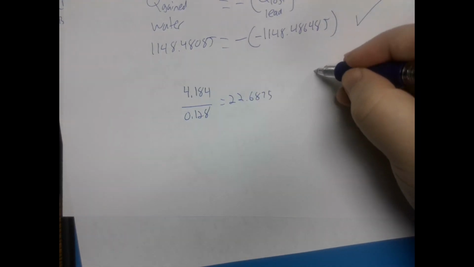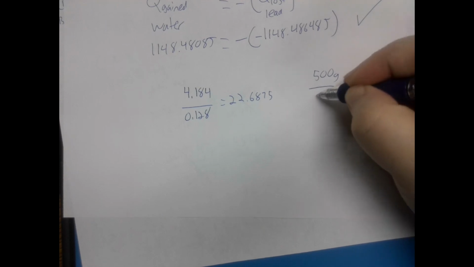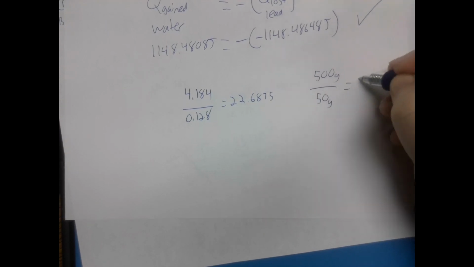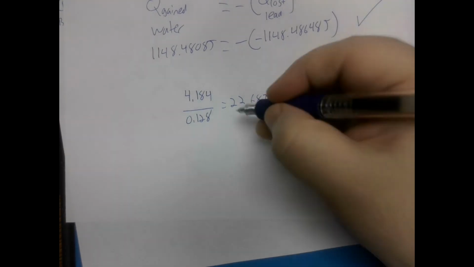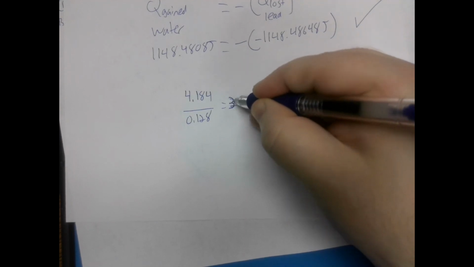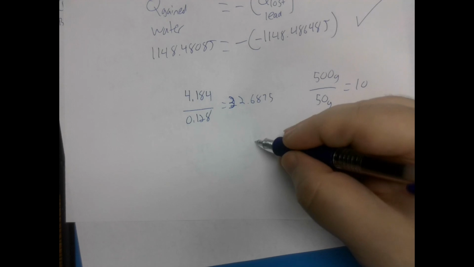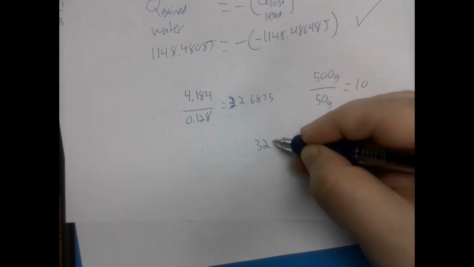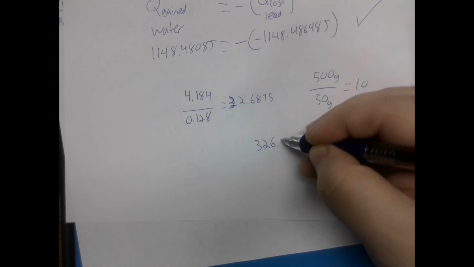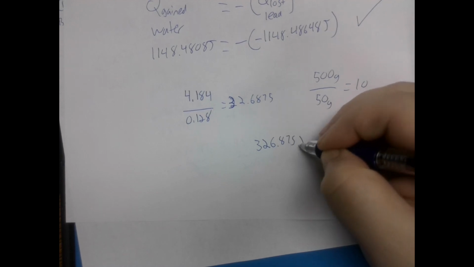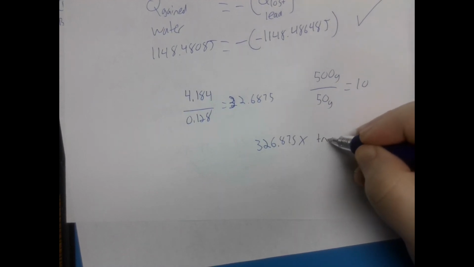And then we also have 500 grams versus 50 grams. That's a factor of 10. So 10 times 32, we would expect the temperature change to be about 326 times greater for the lead.